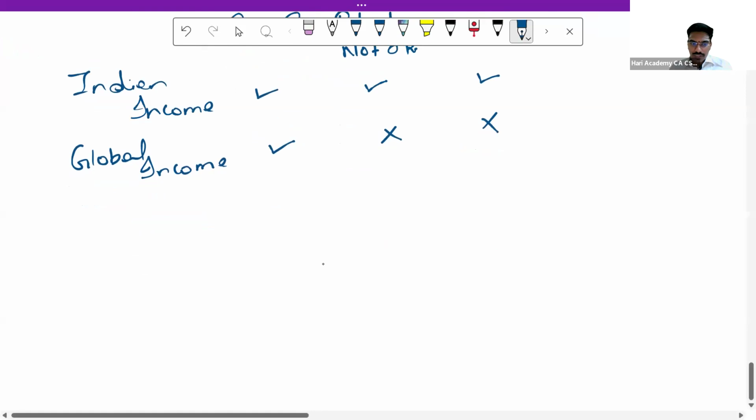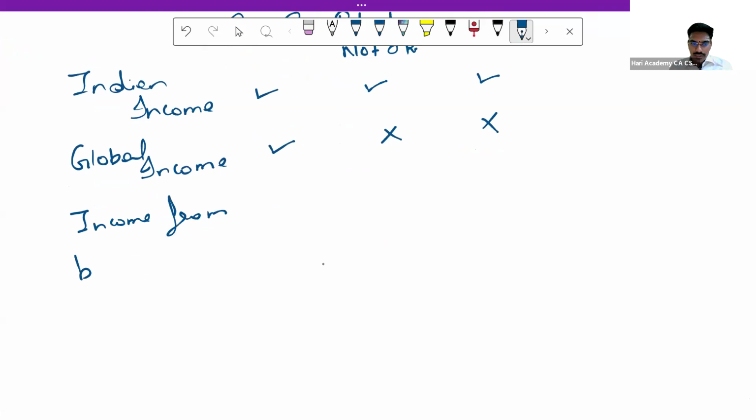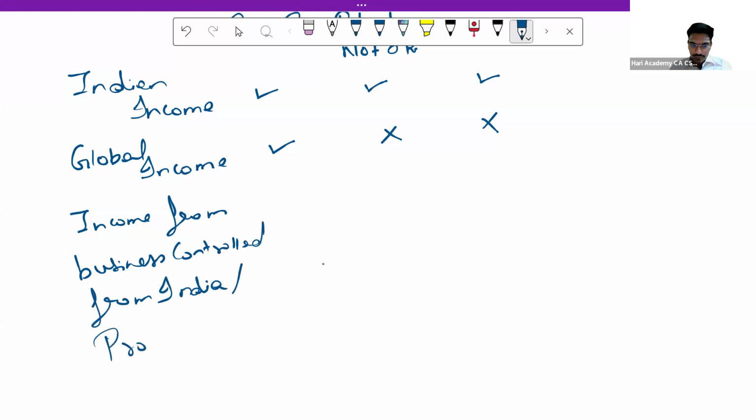Next type of income is income from business controlled from India or profession set up in India.